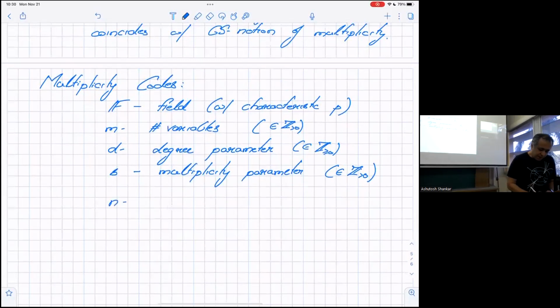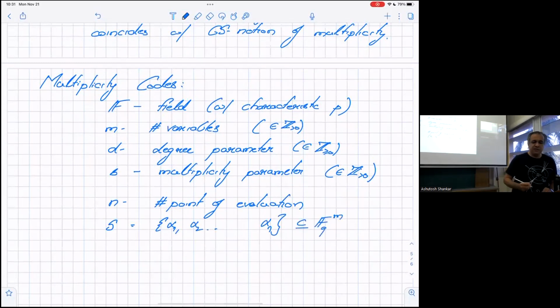N is the number of points of evaluation: alpha 1, alpha 2, up to alpha N, N distinct points in the ambient space.